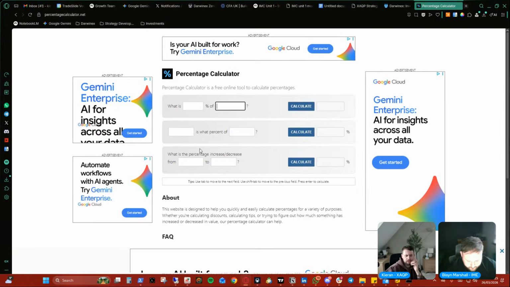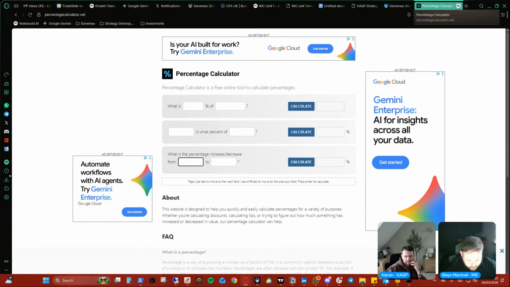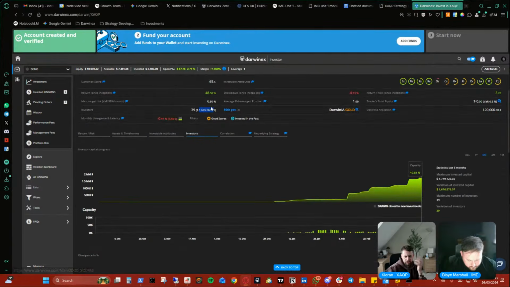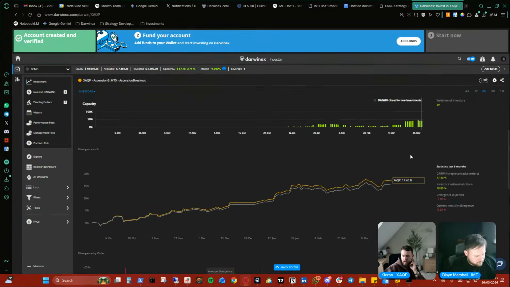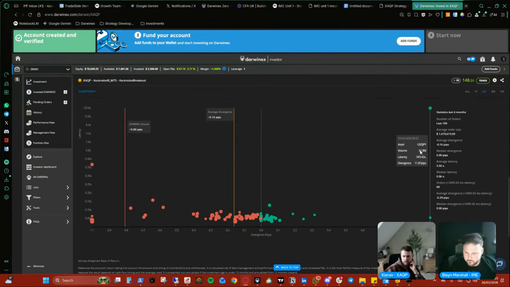I don't think I can do it here. I'll just have to do the mental maths. So if I've used almost 41% of my capacity, and that's with 1.6 million in investor capital, my true capacity is probably around 3.5, maybe 4 million as of right now, due to my live executions.